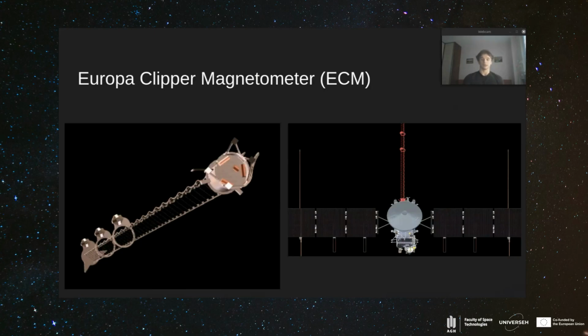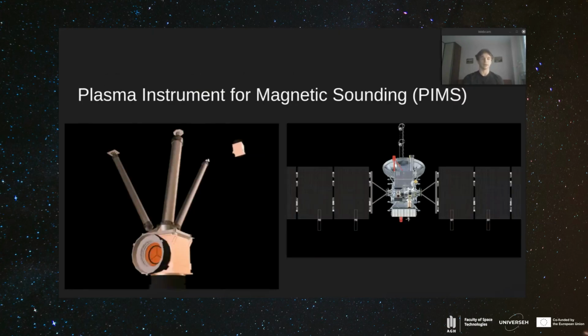However, the problem with that is that around the exosphere of Jupiter, there will be a lot of plasma. It's because of Io, another Jupiter's moon, which is very volcanically active. It's, I think, the most volcanically active place in our solar system. And it will be ejecting many particles that will be charged.